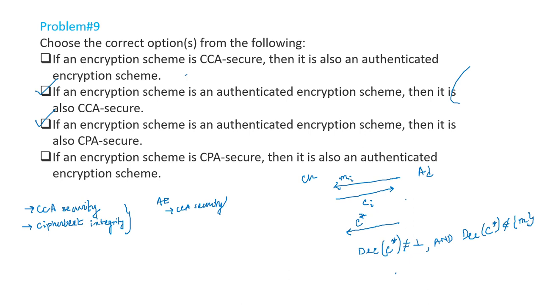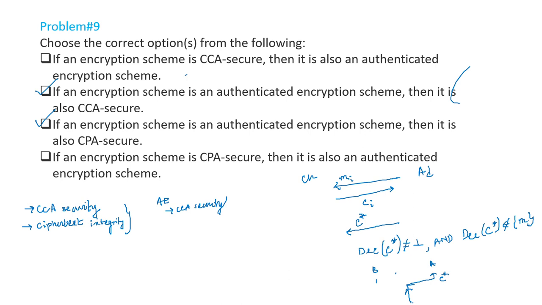Then it means that there is communication going on between two entities, Alice and Bob, and in the middle some eavesdropper or some malicious entity comes in and sends some other ciphertext which is not really coming from Alice, but a middleman is sending that message C star, without the knowledge of the key, of course, because no malicious adversary in between should have knowledge of the key.